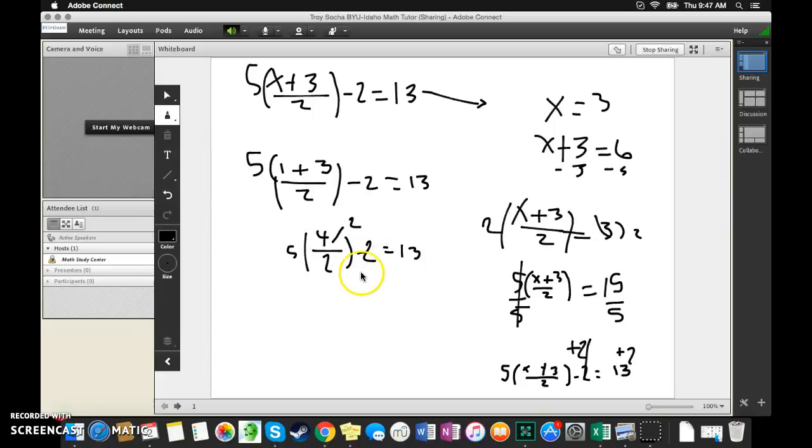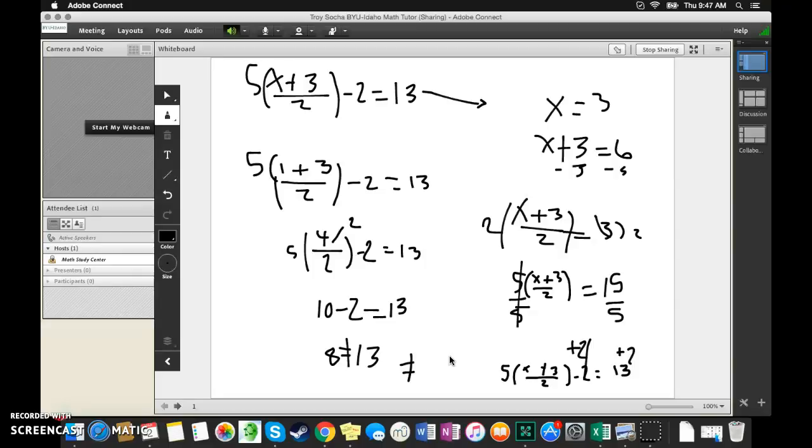So 5 times 2 is 10, minus 2 is 8. So 8 equals 13. That's not true. This is the symbol for does not equal. It's an equal sign with a line through it. So 8 never equals 13.